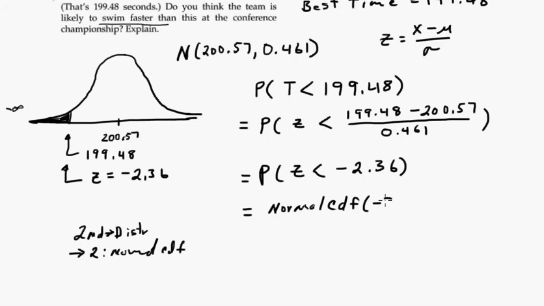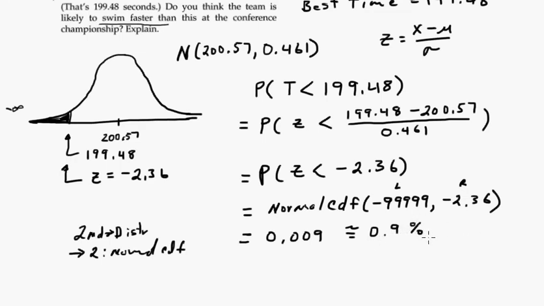We'll approximate negative infinity with a bunch of 9s, and then we'll use negative 2.36. We always go left to right. That comes out to be 0.009. If you want to think in percents, that's 0.9%, so less than 1%.